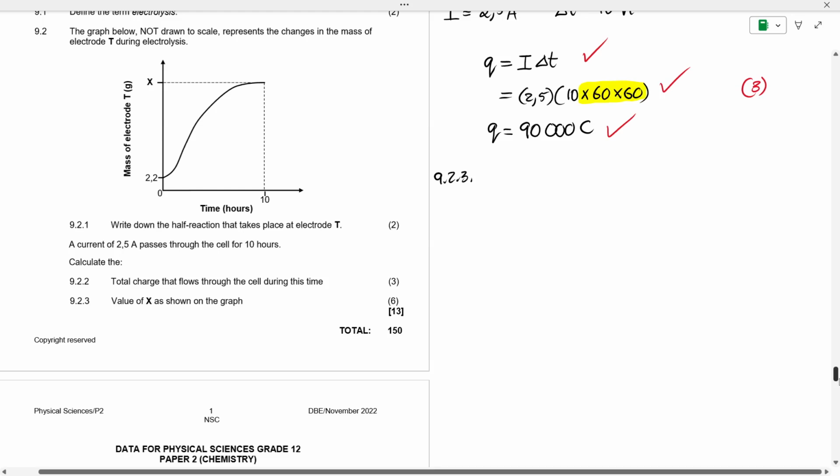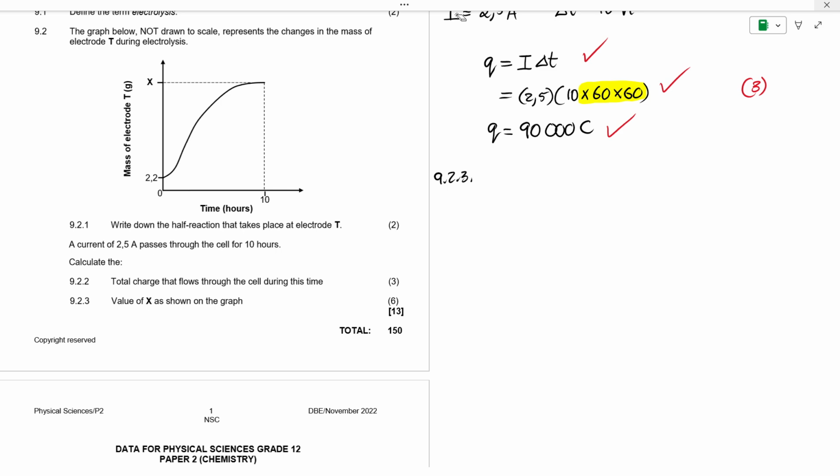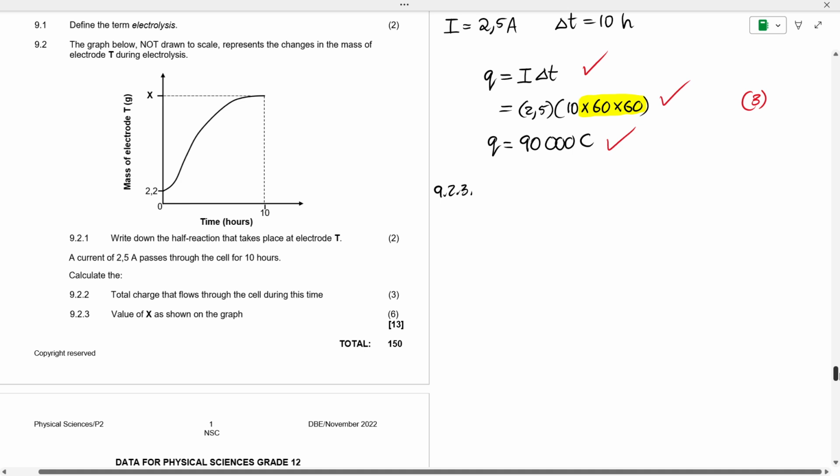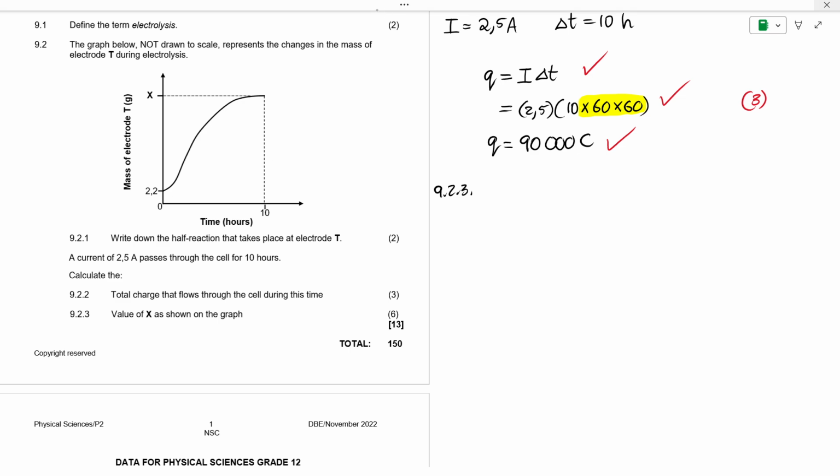I did a couple of these kind of questions, by the way. So we have the charge, and you know what we can do with that charge. Just know we have to find the electrons first. Okay, we have to find the electrons, because we have our charge.